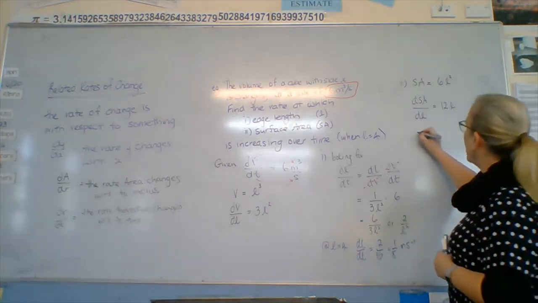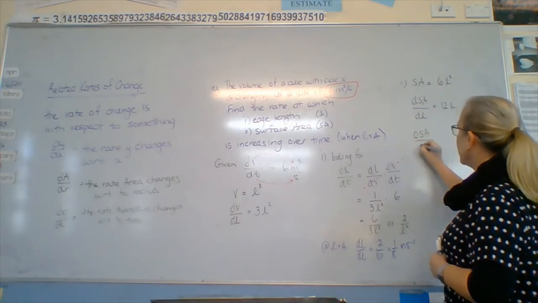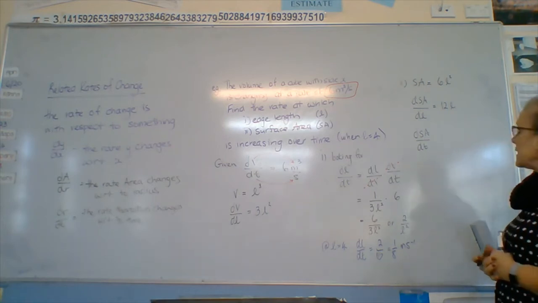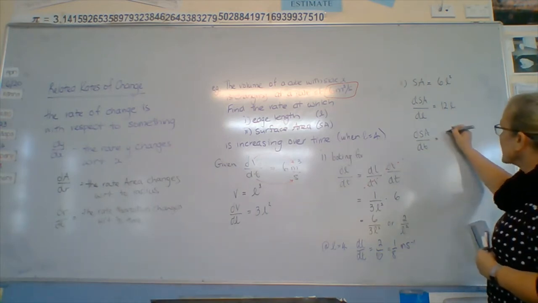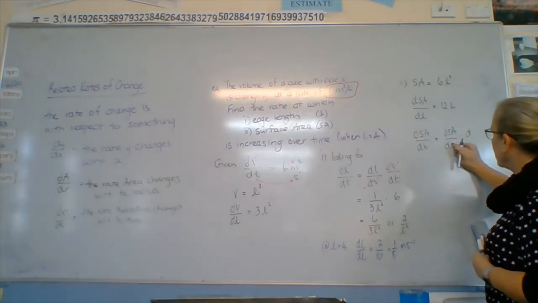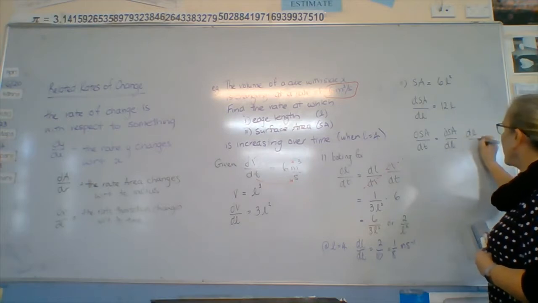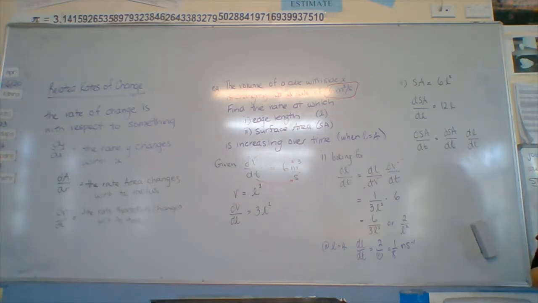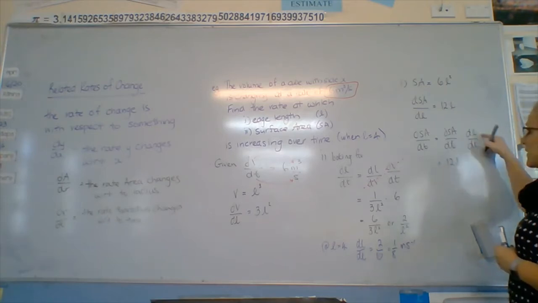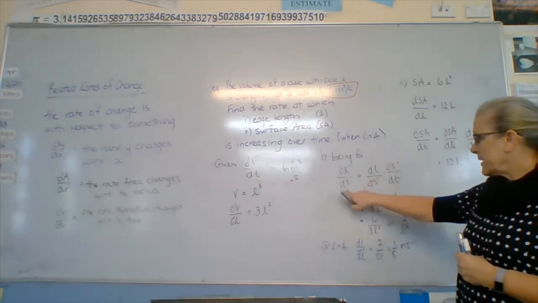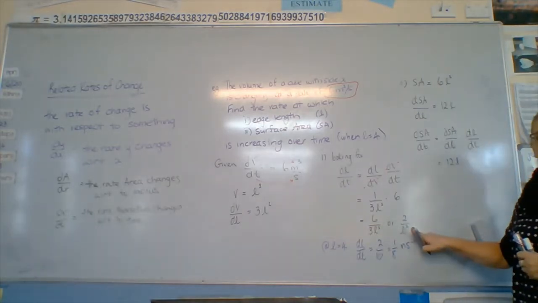So we're still looking for dSA over dt when L equals 4. So our formula is going to be dSA over dL times dL over dt. This one, we've got 12L. This one, we've already found. Here it is, dL by dt. It's 2 over L squared.